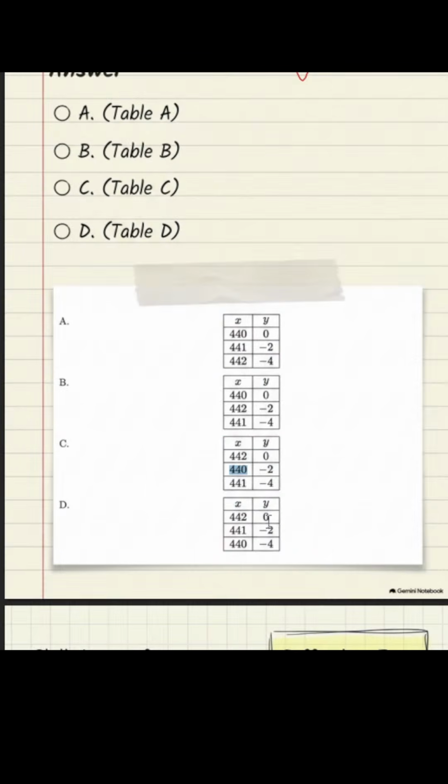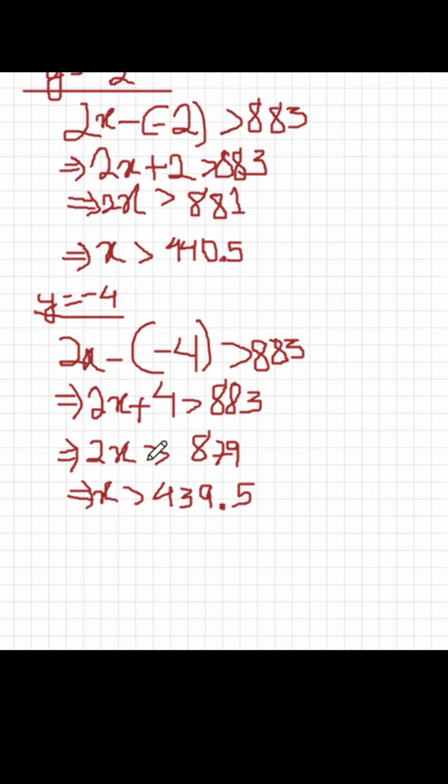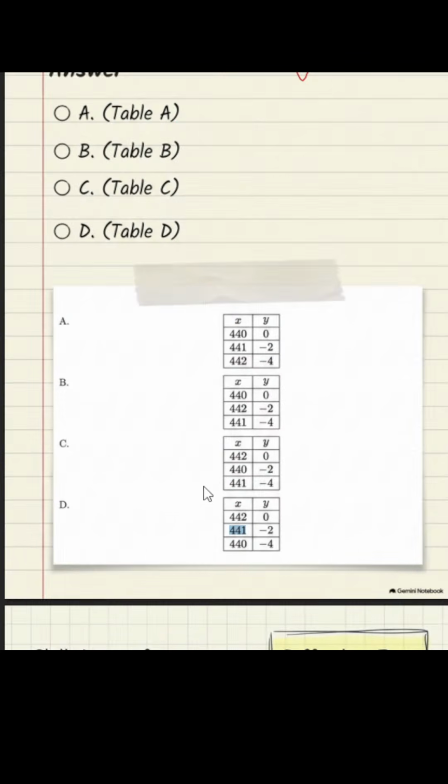So option D has 441, so option D becomes our only valid option. C is also incorrect. And the last one we can check, y is equal to -4, then x should be greater than 439.5. So here in the last option we have x is 440, so that satisfies the inequality. So option D is the correct one. These are the values of x and y.